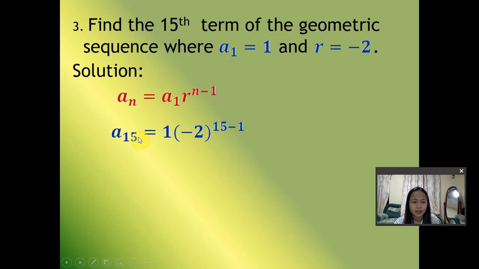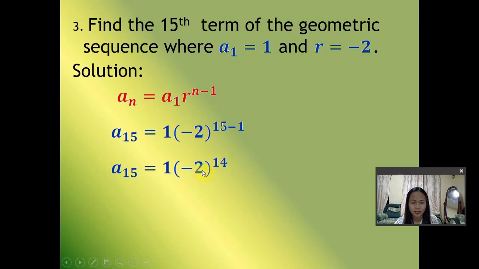So the 15th term is equal to our first term, 1, times the common ratio, negative 2, raised to n, which is 15, minus 1. So 15 minus 1 is 14.